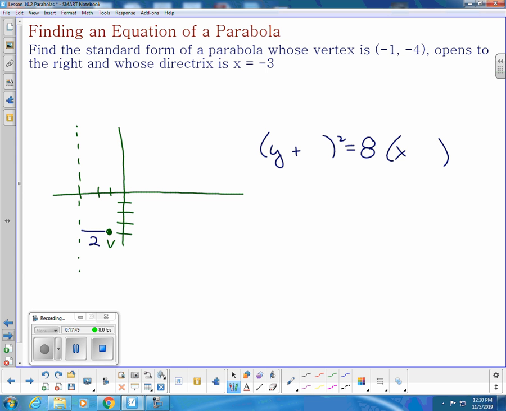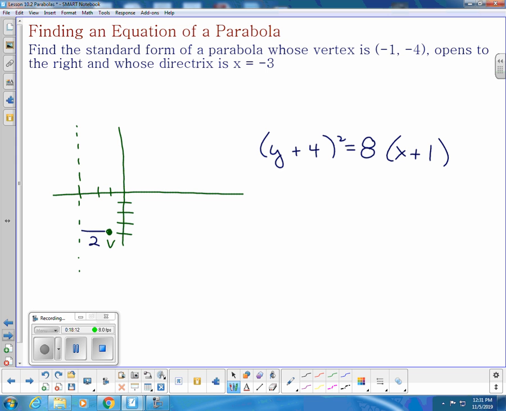One thing at a time: figure out the direction of the opening, whether x squared or y squared. If we were opening the other way, you make the 8 negative, and that moves the directrix to the other side.